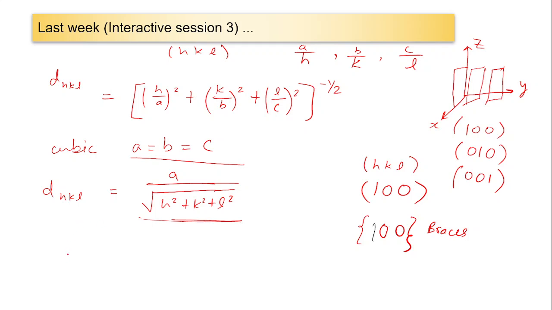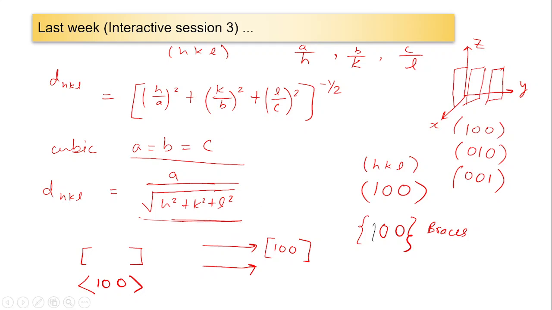And for directions, we put them in these kind of brackets. And for a family of directions, if the direction is say some 100 direction, and I put another parallel to it, then that will be a family because the direction is the same. So the bracket I will use is this. These were things we had discussed last time.